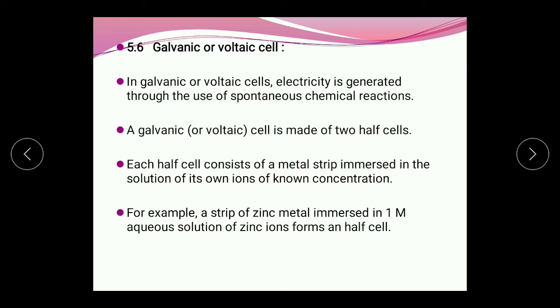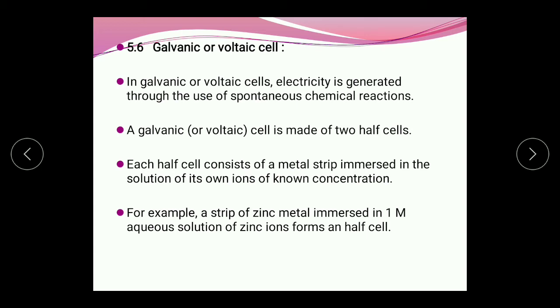That means you have to take any metal strip. Suppose we have taken magnesium, then dip it in the solution of magnesium sulfate. Take a strip of silver, Ag, and dip it in a solution of known concentration, say 1 molar, silver nitrate. Dip magnesium in magnesium sulfate, aluminum in aluminum nitrate.